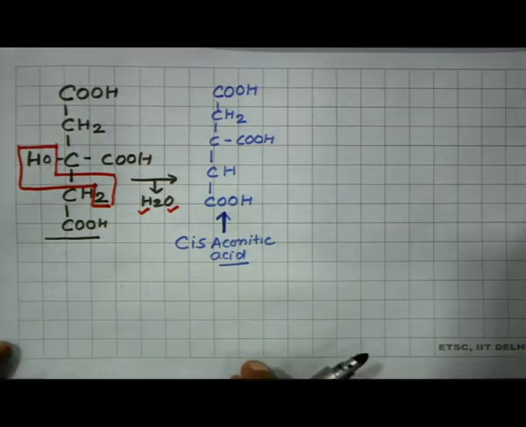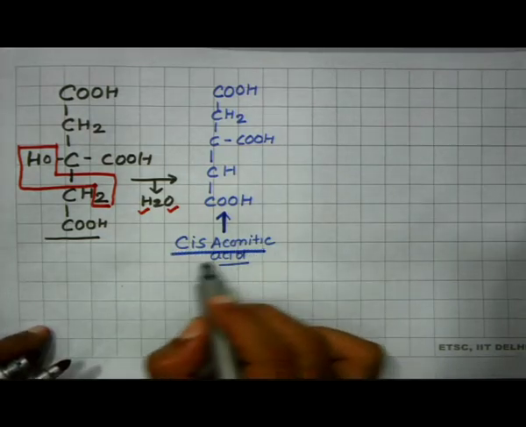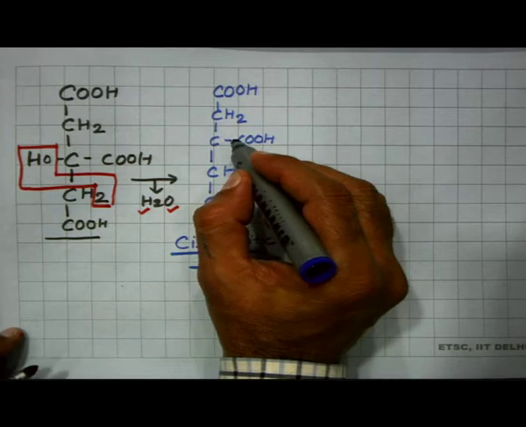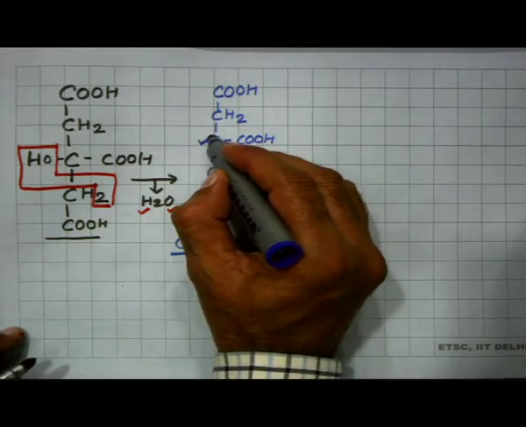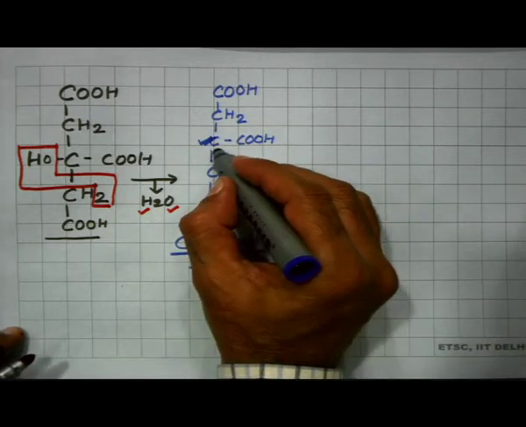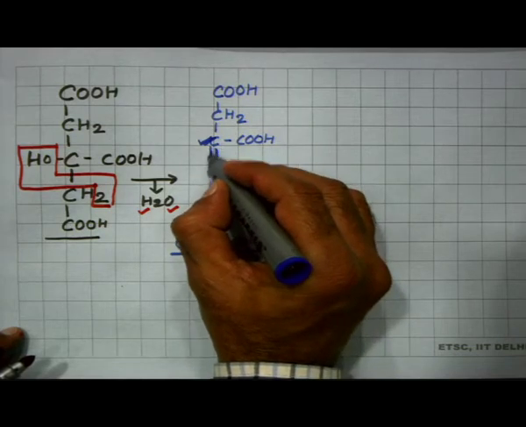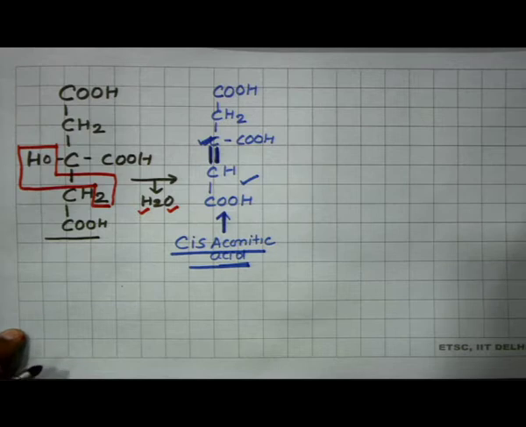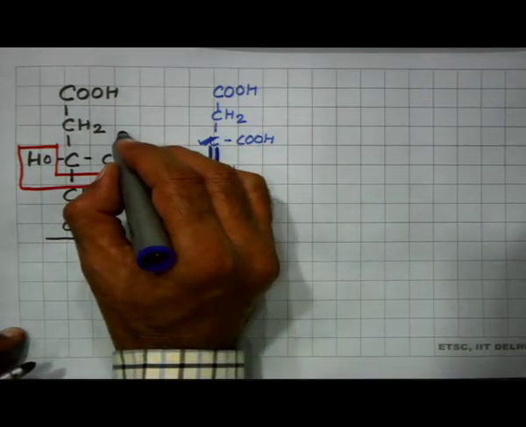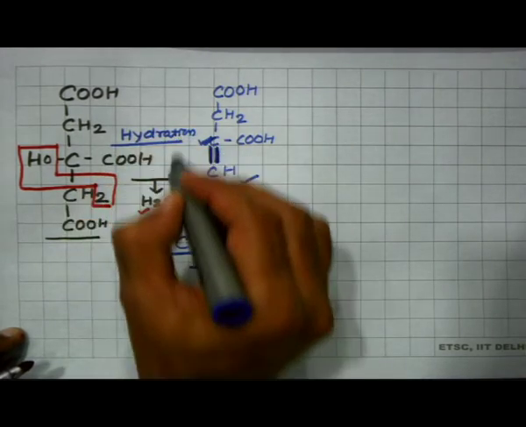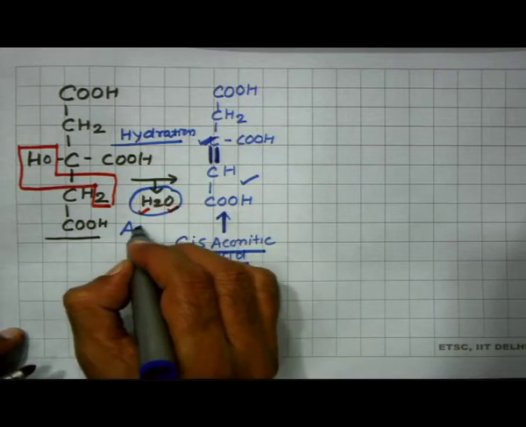When you write the structural formula of any organic compound, you must know that the valency of carbon must be 4. Here in this case the valency of carbon is 1, 2, 3. So, this structure is not sufficient. Here the single bond is converted into a double bond. Now, the structure is cis-aconitic acid. This process is called dehydration, because water is removed, and the enzyme is aconitase.